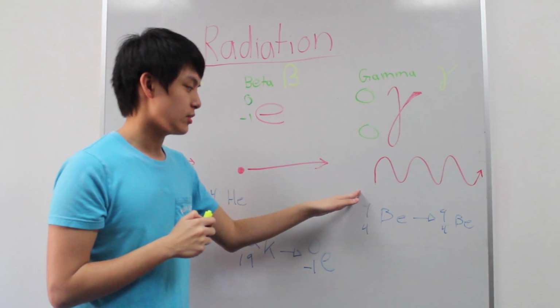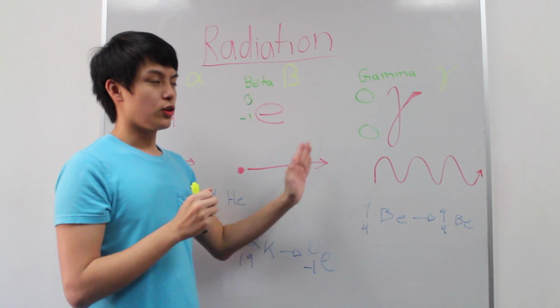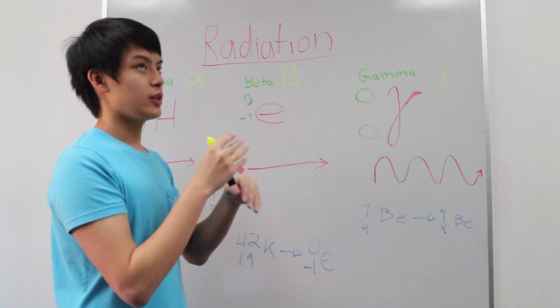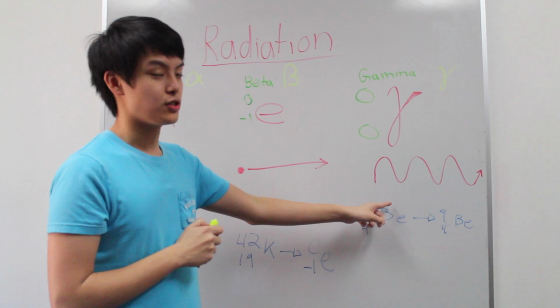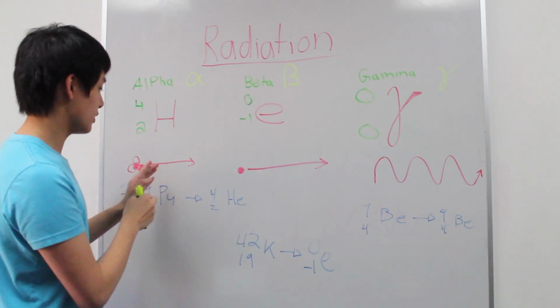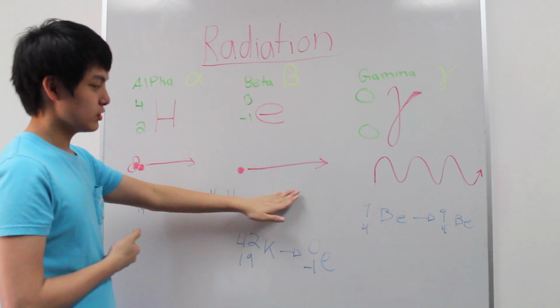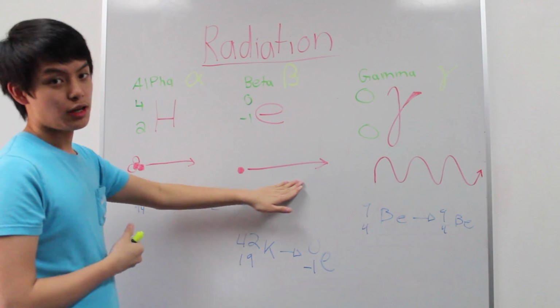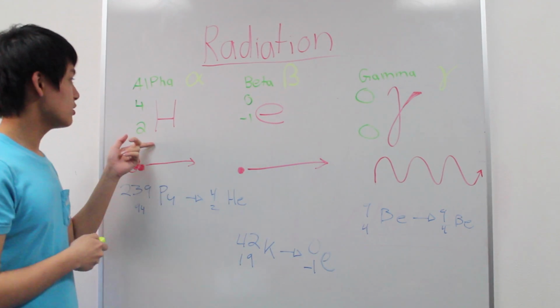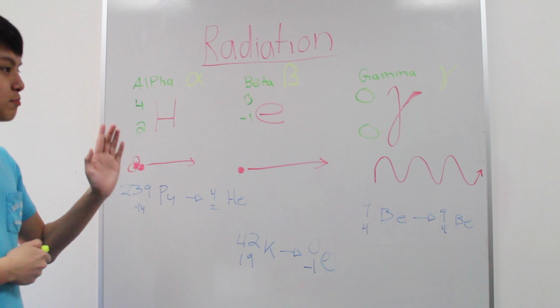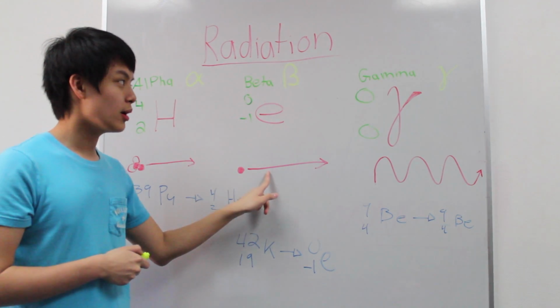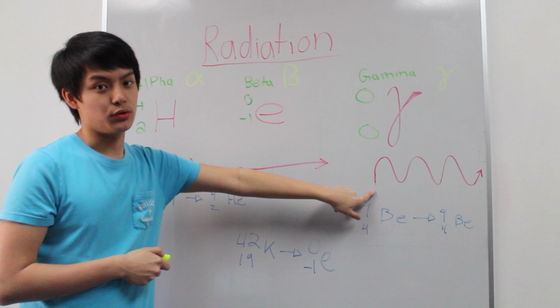As for gamma radiation, the nucleus closes in, it gets tighter, and it gives off pure energy waves. This is why it's important: nuclear power plants typically give off beta radiation, which can be stopped by aluminum. The penetration ability of alpha radiation is stopped by paper or skin, beta by aluminum, and gamma goes beyond concrete.